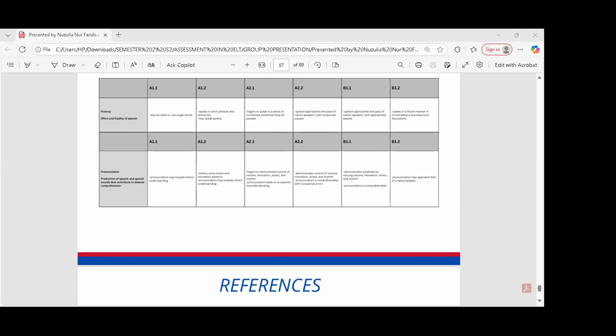So we have to assess our students on their akhlak, their habits, and also their knowledge. So that's the reason, Mas Isan.